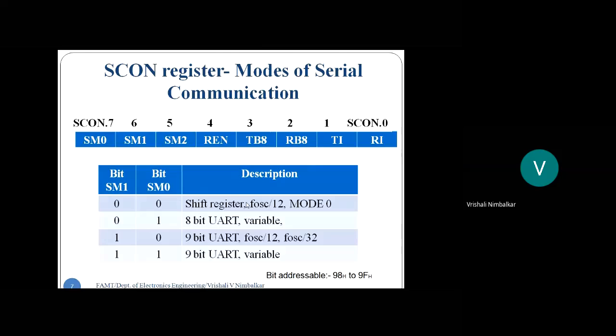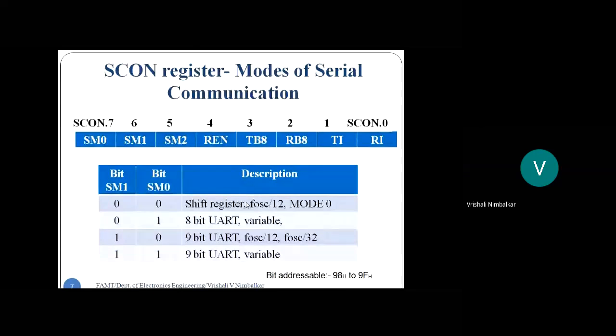See, there is some difference. Data transmission happens at the RXD pin, and on the TXD pin, a 1 megahertz clock is sent. Are you all getting me? Up till now, what did I say? RXD receives the data, TXD there is a data transmission.